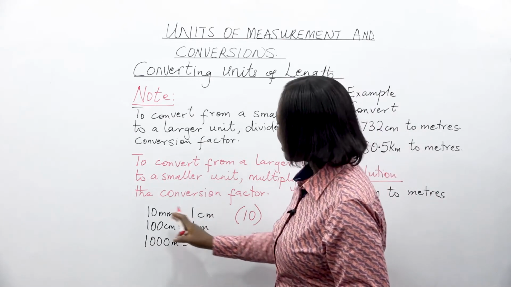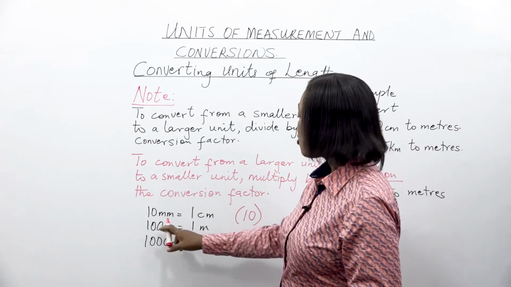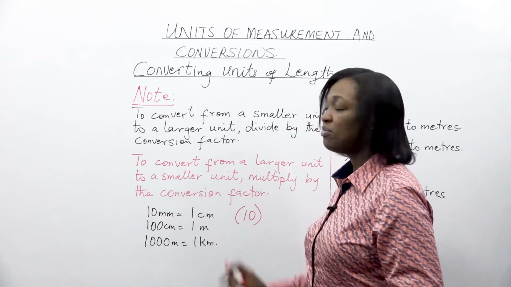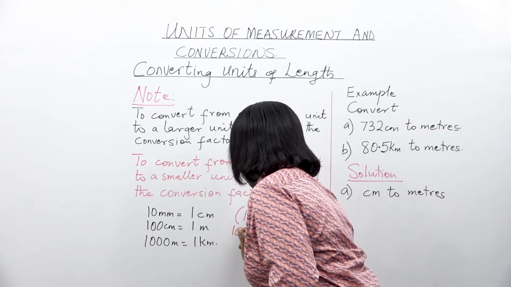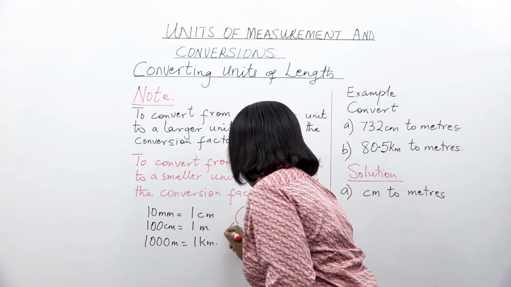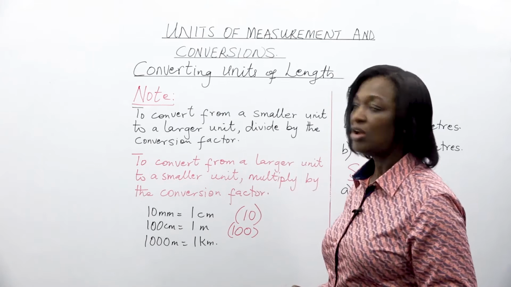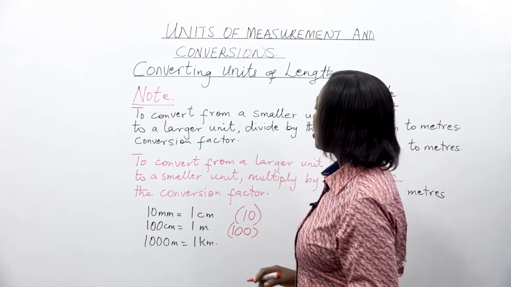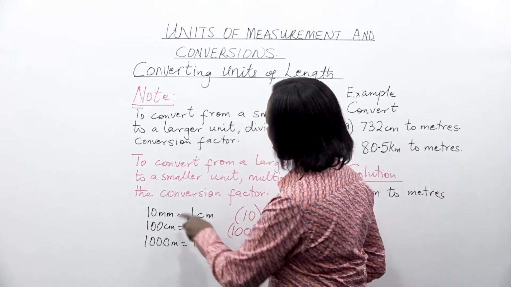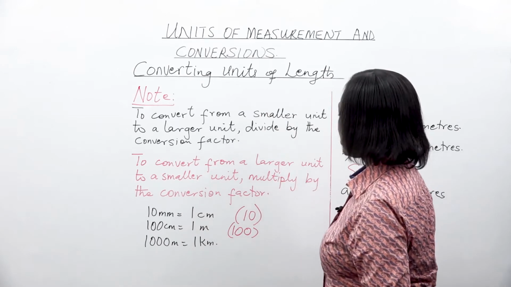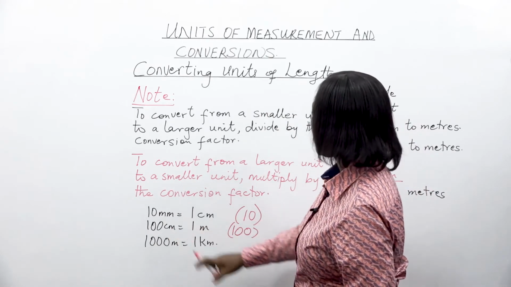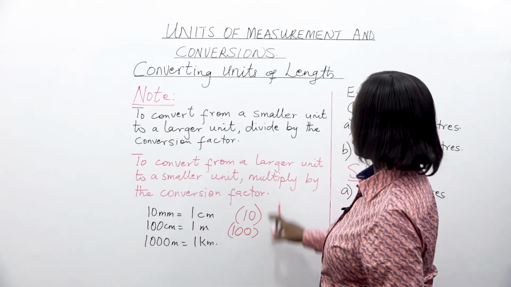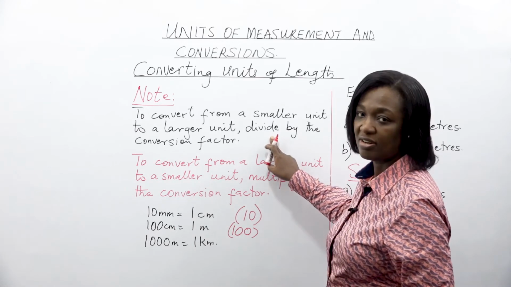For meters and centimeters, 100 centimeters make a meter. So the conversion factor is 100. So from the note we've made here, since centimeter is a smaller unit than meters, if we're converting from centimeter to meter, we divide.